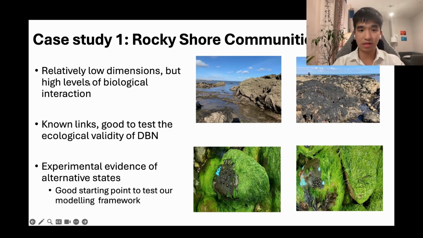Therefore, it's a good system to test the ecological validity of the links found by our Bayesian network. And lastly, there is experimental evidence of alternative stable states, and you can induce this regime shift through experimental manipulation. So given these three points, it's a very good starting point to test our modeling framework.